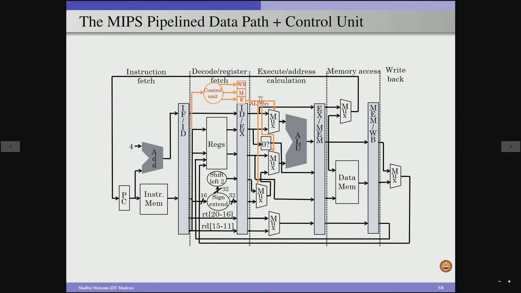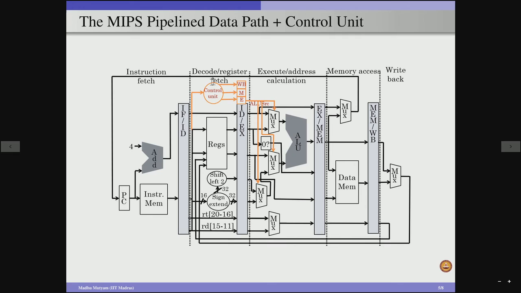So, now this ALU source signal is going to select one of these 2, and based on the control signal value generated for this ALU source, one input will be selected from this mux and given as input to the ALU. Similarly, this ALU source can also be given as the select signal to another mux, which is going to take 2 inputs, one from the register file, the other one from this immediate field. For this mux also we have the select signal coming from this ALU source.